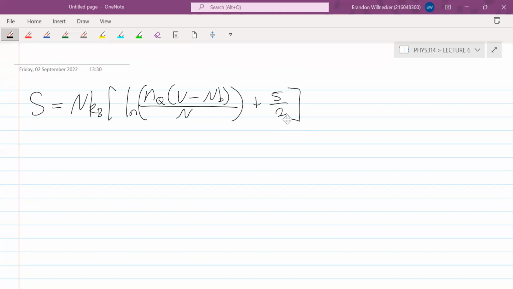That's our entropy, and nQ is another term here. This is just a function of temperature.